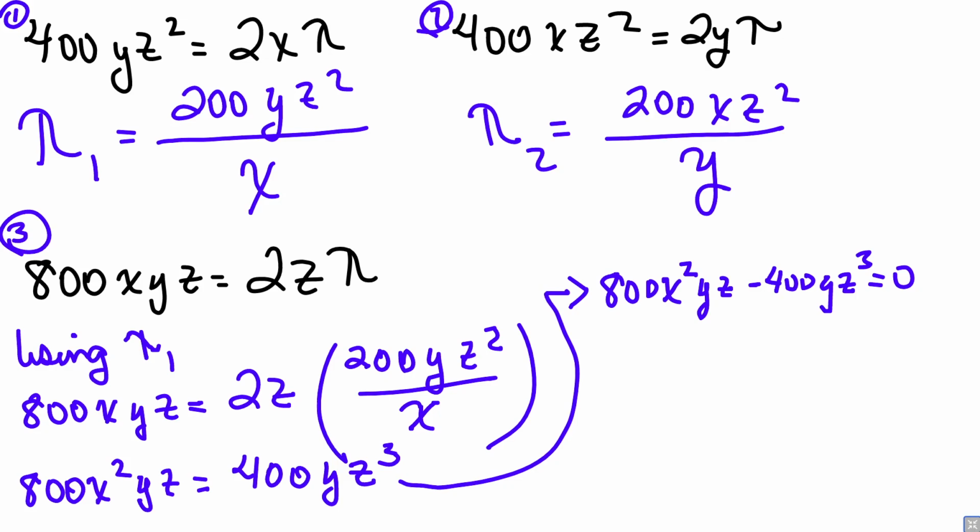Now, once I get it here, what can I do? Factor out 400yz. 400yz, good. And then we're left with 2x squared minus z squared, and this is equal to 0.